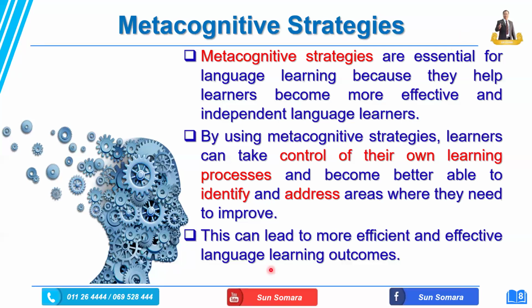This can lead to more efficient and effective language learning outcomes. Okay, thank you. So you can see this part is also about controlling their own learning process, identifying and addressing areas where they need to improve.